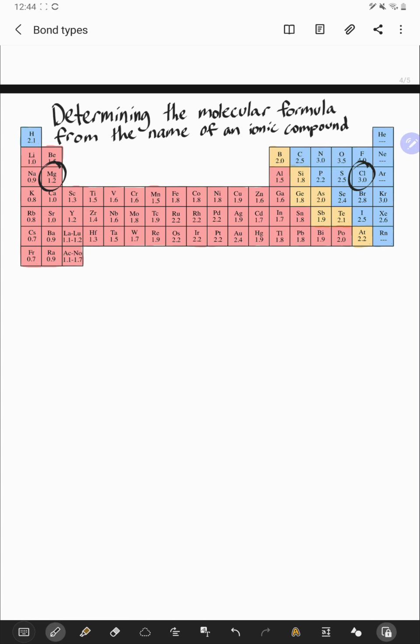We're going to start by drawing the Lewis structure for each. So we're going to have magnesium and chlorine. If you're doing it in this method, you're going to start by drawing the Lewis structure for each of those elements. Chlorine has 7 valence electrons, and magnesium has 2 valence electrons.